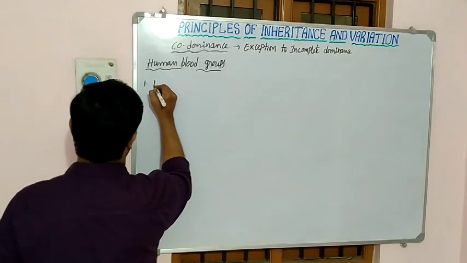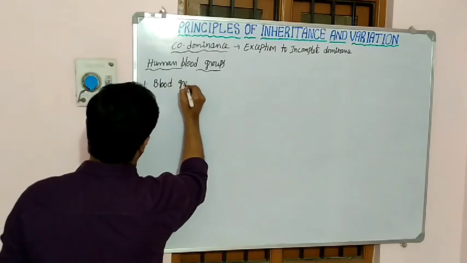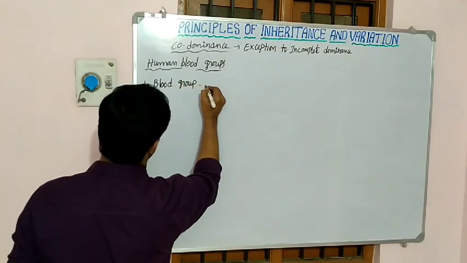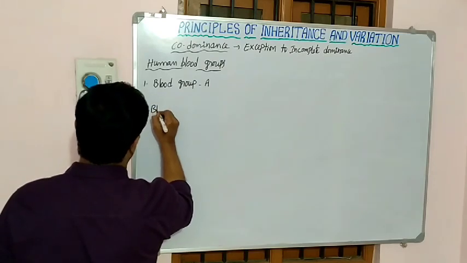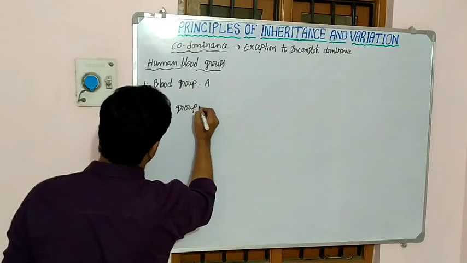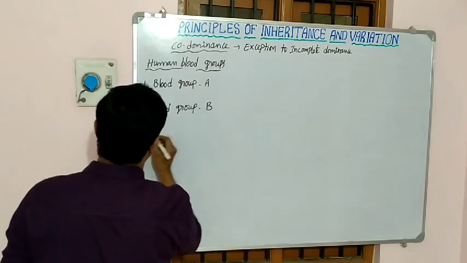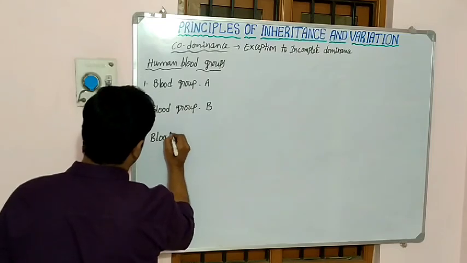First one, blood group A. And second one is blood group B. And third one is blood group AB.